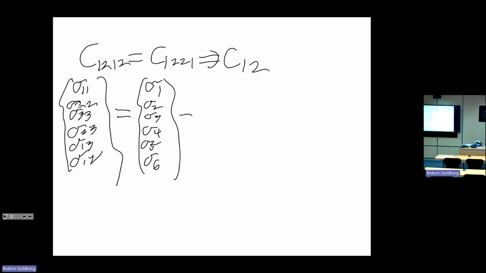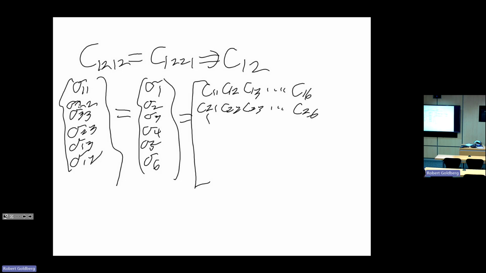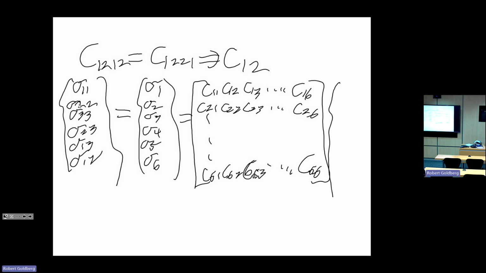And then we have a nice 6 by 6 matrix, which is C11, C12, C13, and so forth, C16, and C21, C22, C23, and so forth, C26, and all the way down, and we get C61, C62, C63, and we get C66, multiplied by our strains.